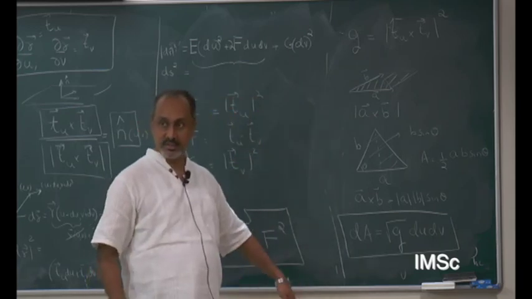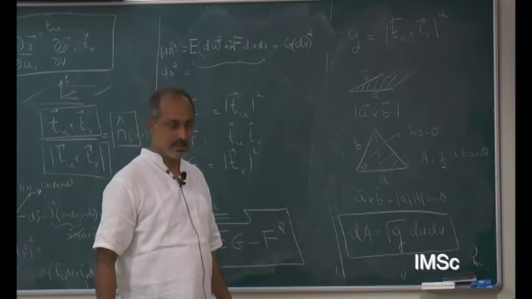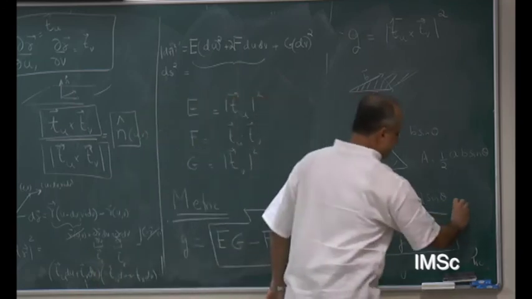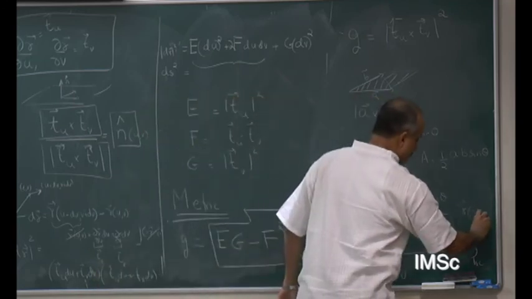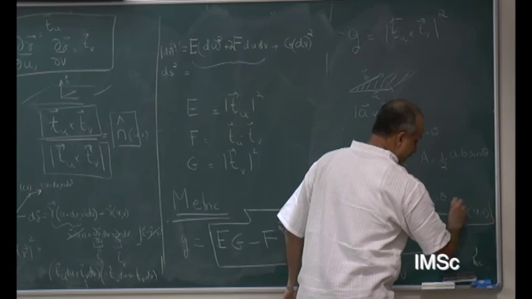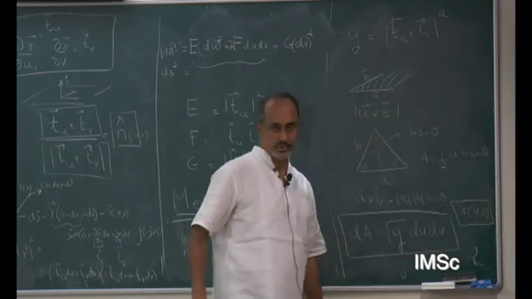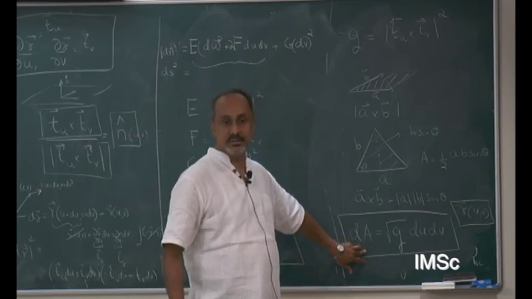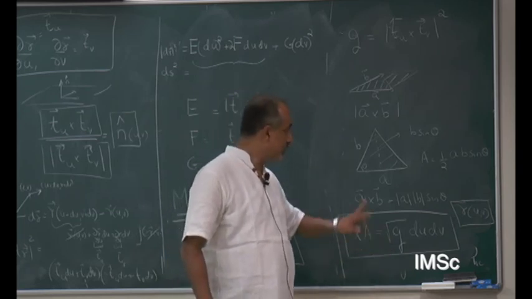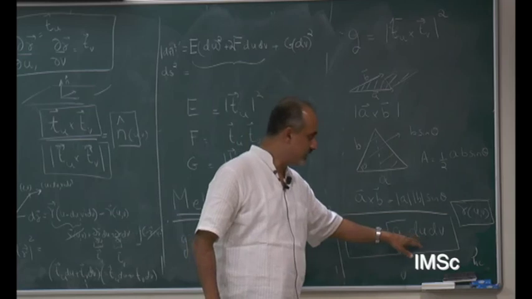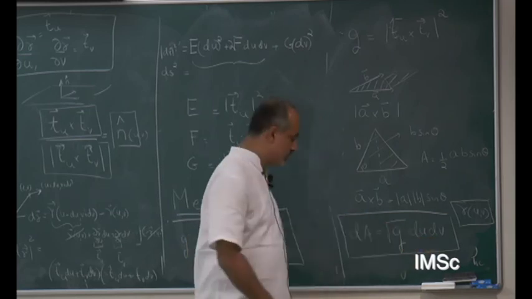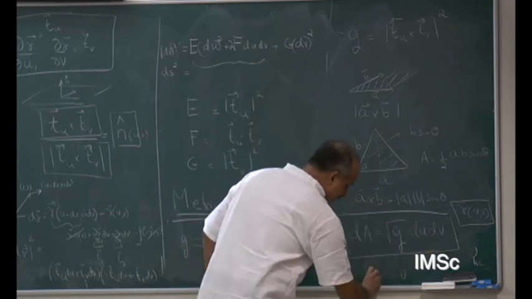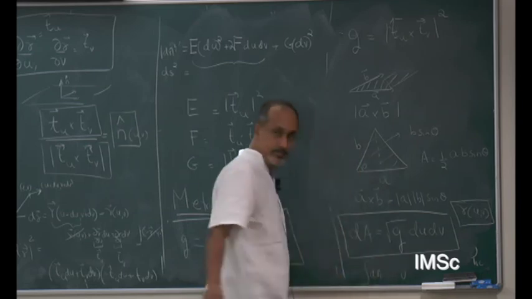Because this says that given any surface that I parameterize by some r as a function of u and v, the little area element on that surface is given by the square root of g that I know how to calculate, the du and the dv. So the total area is just the integral of dA.